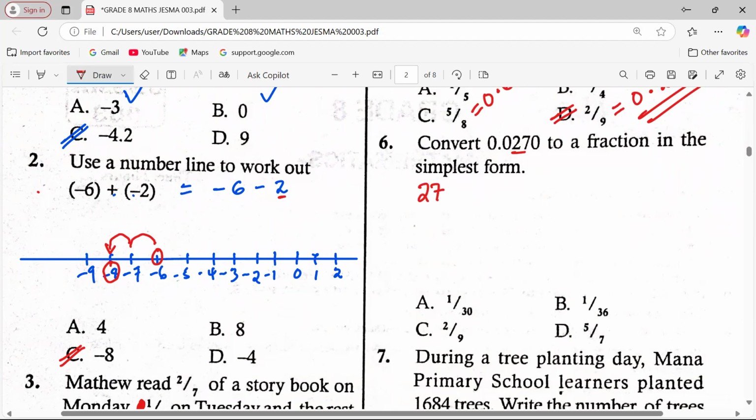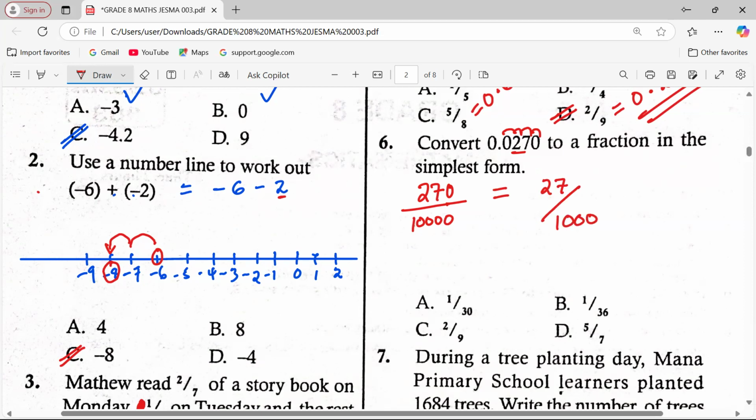Then you count the decimal places: 1, 2, 3. That means we divide this by 1,000. Or you can even consider the fourth decimal, whereby you have 270, and say it was 4 decimal places. So you see now the last 0 will cancel, and we'll have 27 out of 1,000.